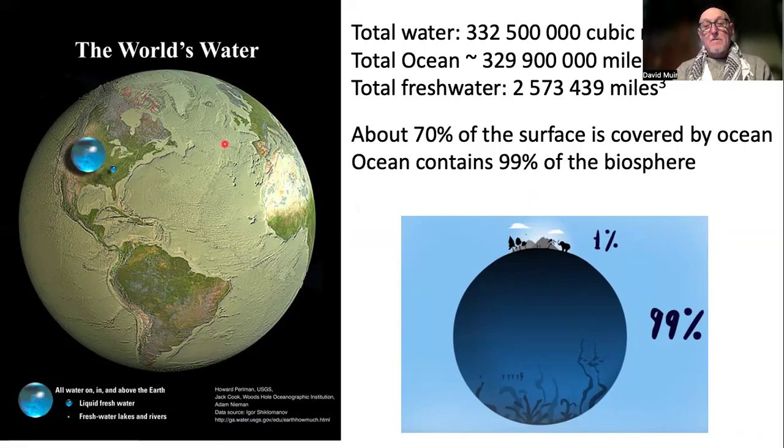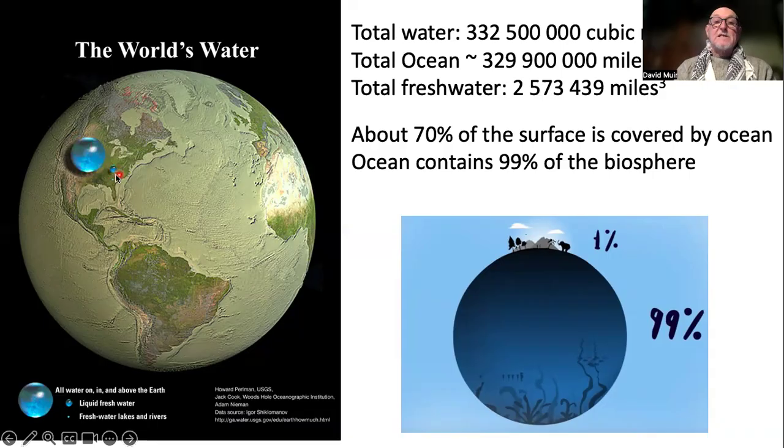And the rest of the water is the total amount of fresh water in both river streams and in glaciers, etc., is about 2,500,000 cubic miles. Not very much at all. So if we were to look here, this is the total amount of water.